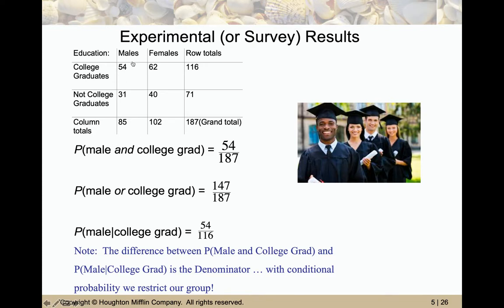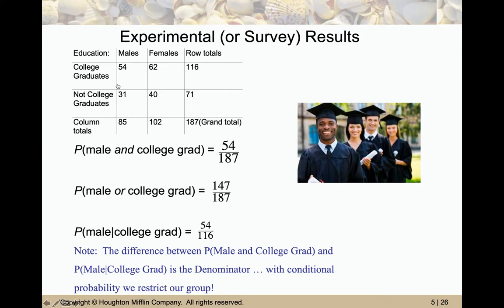So those are our 54 males right here who graduated from college, and we would divide that by 187. Now, male or college graduate, you could kind of go about this a couple of ways. All right, you can do the total number of males plus the total number of college graduates minus the overlap, and you're going to get 147 over 187.